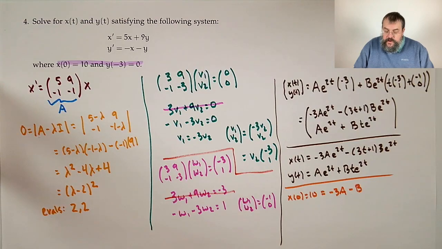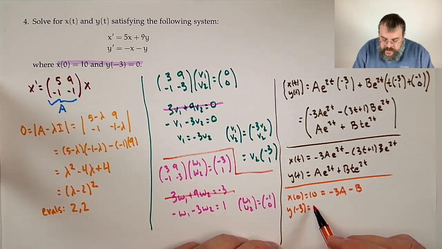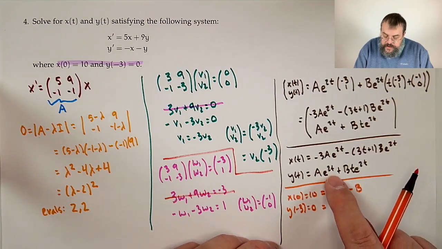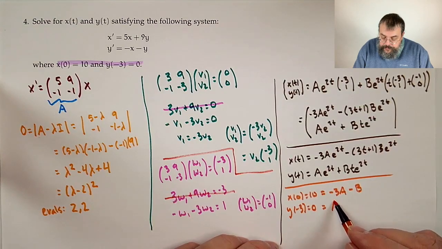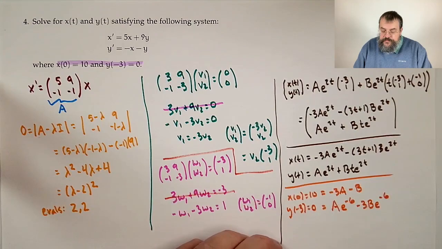All right, that's fine. How about y? Well, we get y of minus 3 equals 0. Now here, we're going to get some crazy numbers because of these exponentials, but just go with it for right now. A e to the minus 6 minus 3b e to the minus 6.